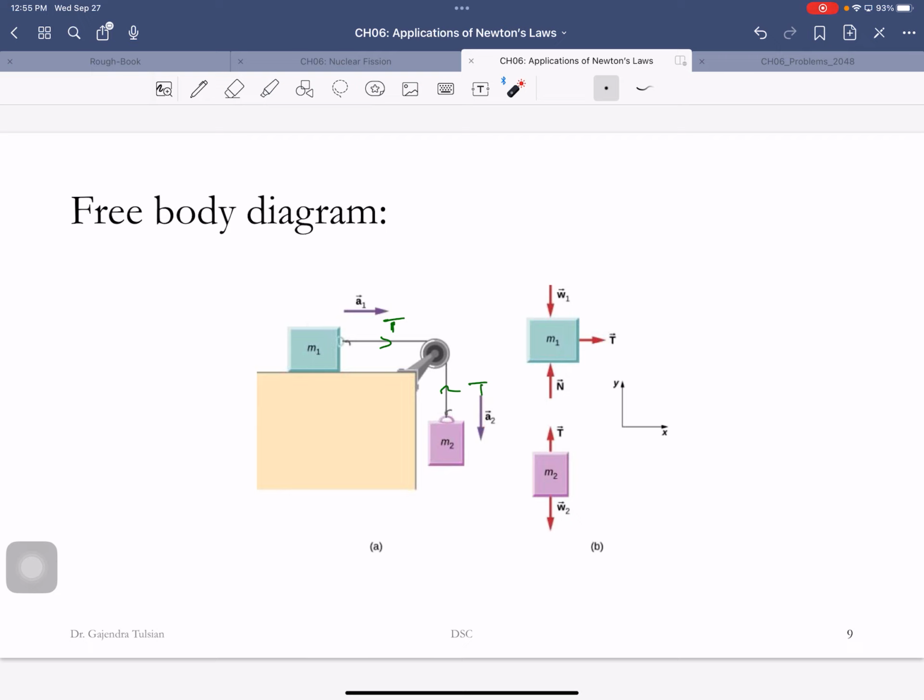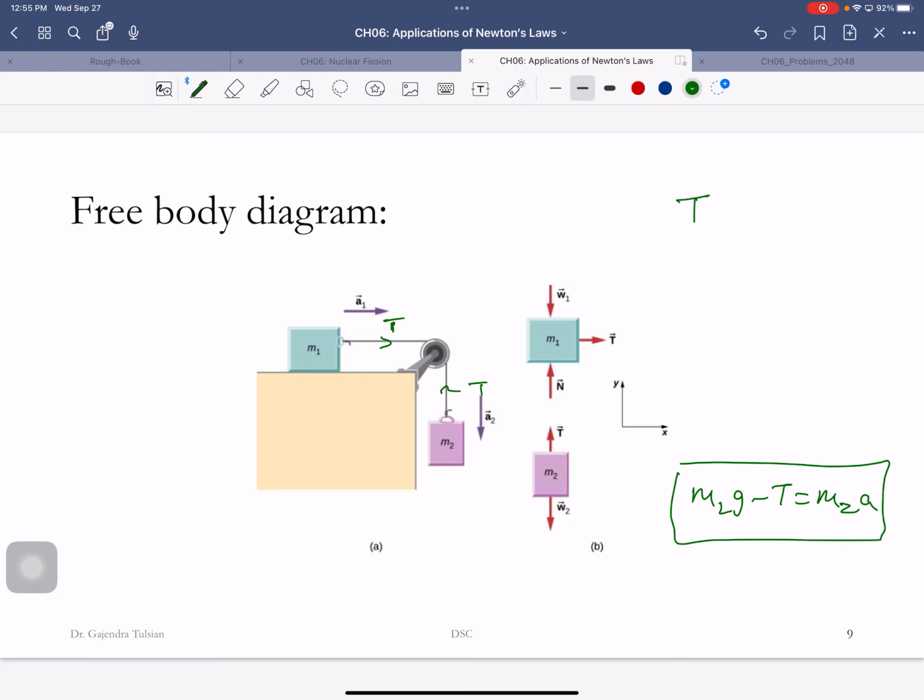If I were to write the magnitude of the forces, in this case, this would be m2g minus tension is equal to m2 times a. That would be the equation of motion for this guy. The equation of motion for this guy would be T equal to m1a, where a is the magnitude of the acceleration.